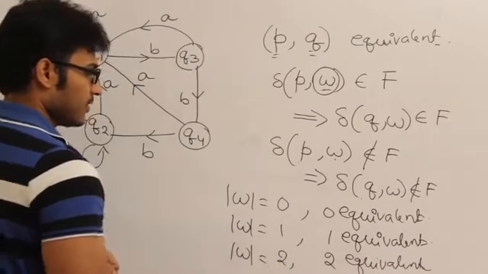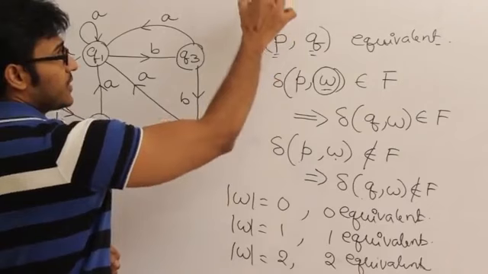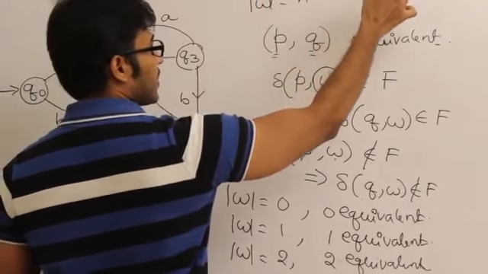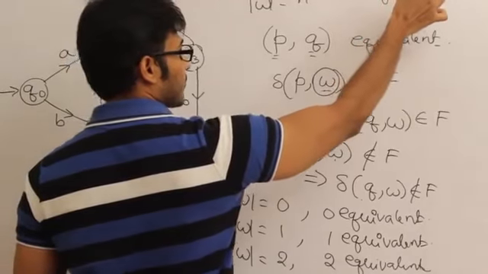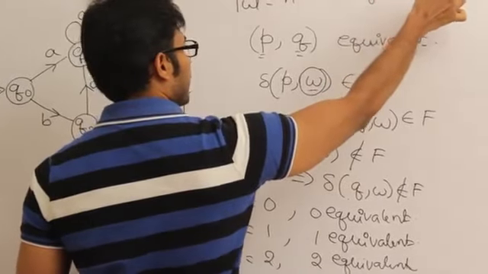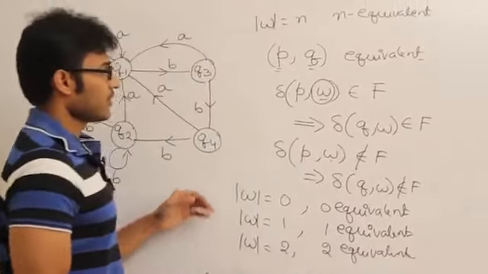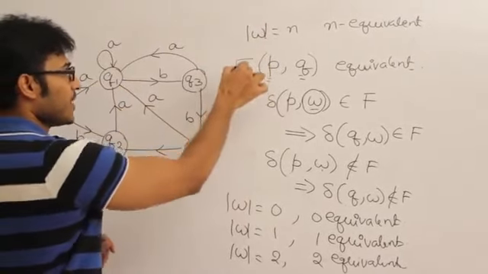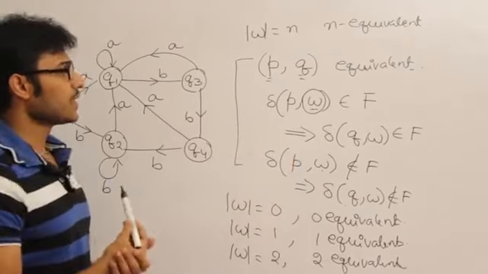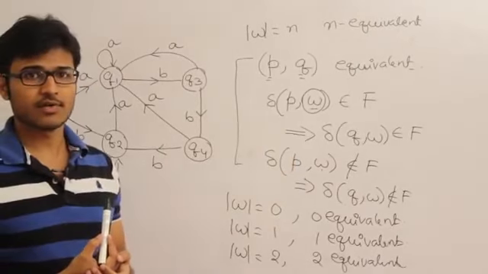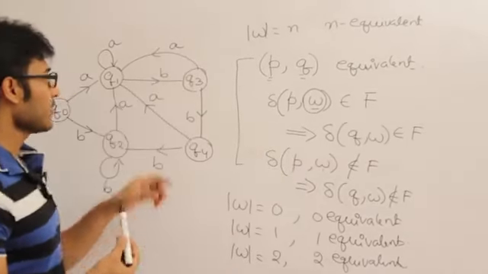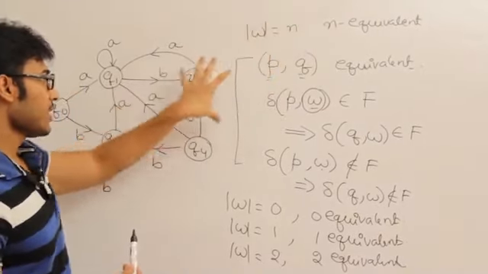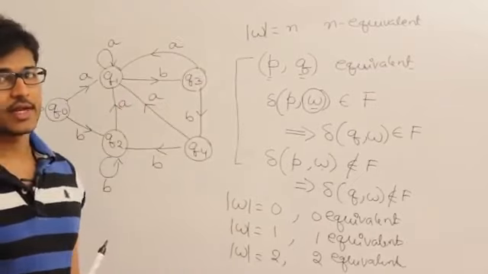In general, if length of W is n, then both these states are n equivalent. And finally, if for every possible W this property is followed by P and Q, then I can say that both these states are equivalent, and instead of having two different states, I can merge these two states into one, and I can decrease the number of states in the final answer.